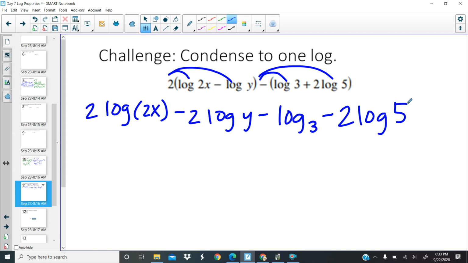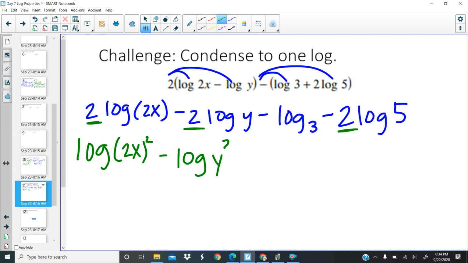So then the next thing that I need to do is anywhere that I have a coefficient other than 1, I need to move that back to my exponent position. So I'm going to have log 2x, and then the 2x is going to be squared, and then it's going to be minus log y squared minus log 3, and then minus log 5 squared.